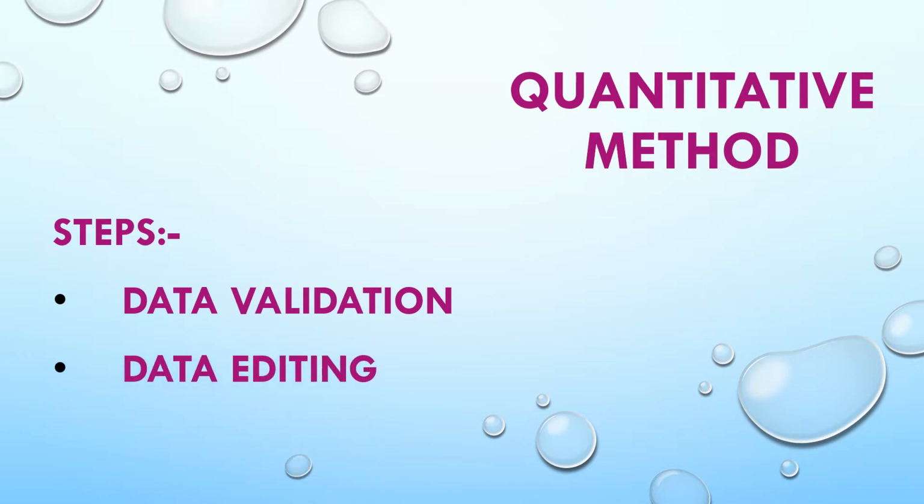Second is data editing. It is a process where the researcher has to confirm that the provided data is free of errors. They need to conduct necessary checks and check outliers to edit and make it ready for analysis.